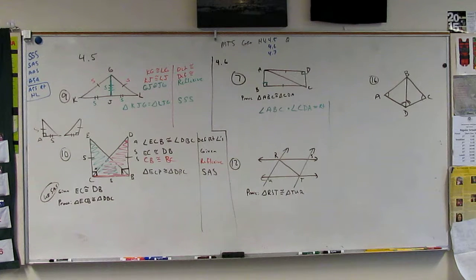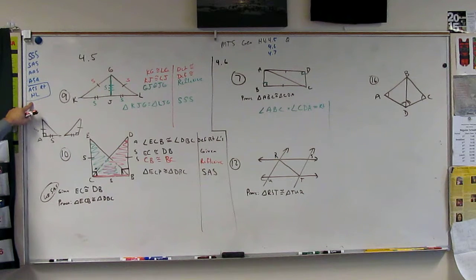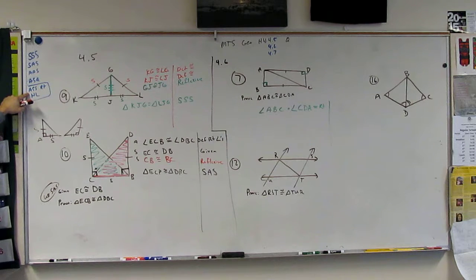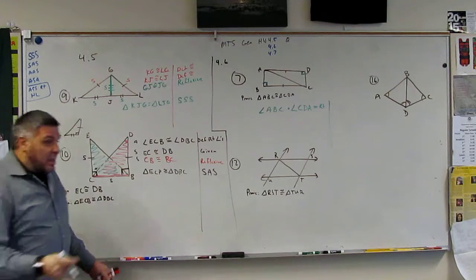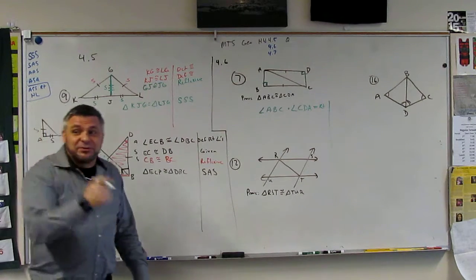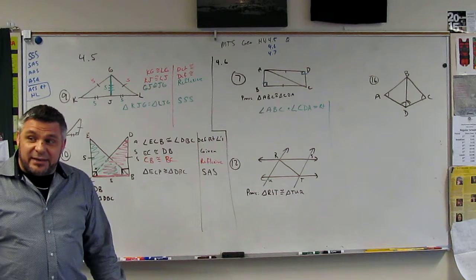And it's because if I'm going to prove HL, I have to prove that it's a hypotenuse. Or, if I'm going to prove that it's angle, side, side, then I have to prove that it's right. You see what I mean? Angle, side, side only works if it's right. You can use angle, side, side.